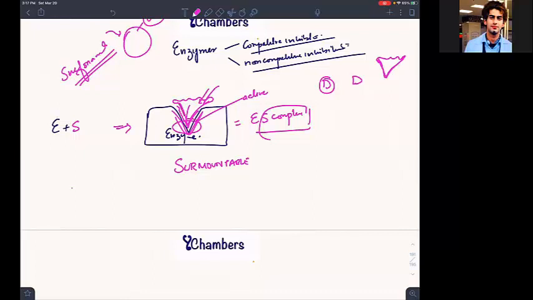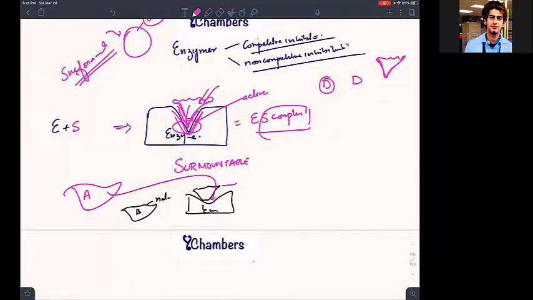So for example, I had a drug A and a natural substrate in the body, that is B. The natural substrate was binding to the enzyme here, the black one. But now I gave a drug, and this drug is coming to this active site in competitive inhibition, and will bind here.